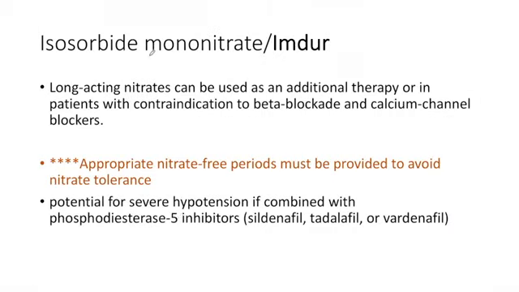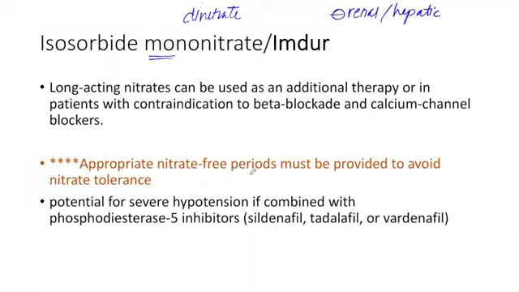Isosorbide mononitrate is the one that you're going to see in practice. We do not use the dinitrate one. Mononitrate is Imdur. These drugs are relatively well utilized because there's really no renal or hepatic issues. There's no dosing changes or anything like that, so you don't have to worry about that. What's interesting here, though, is that they do need that period of time.